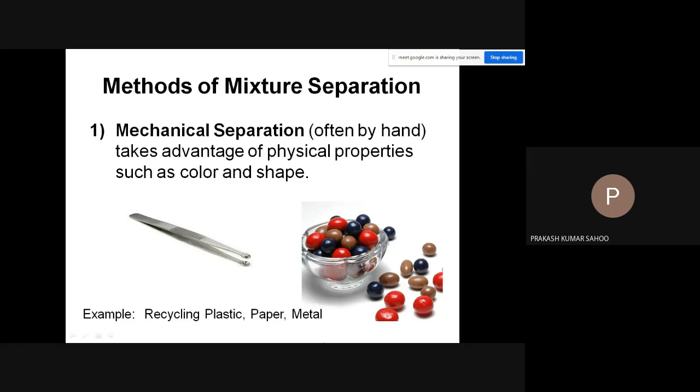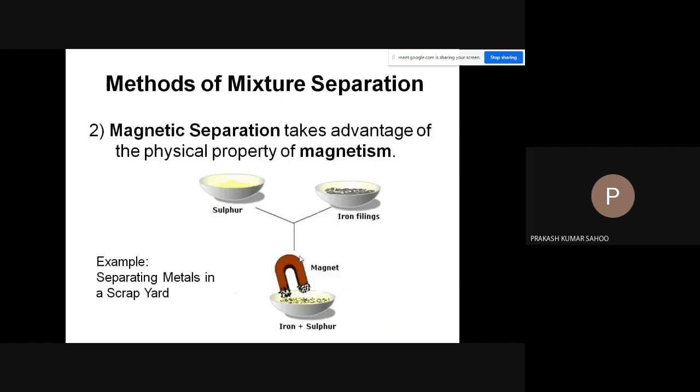And like this, recycling plastic, paper, and metals can be separated from a mixture by mechanical separation, or physical separation, which in general is done by hand.